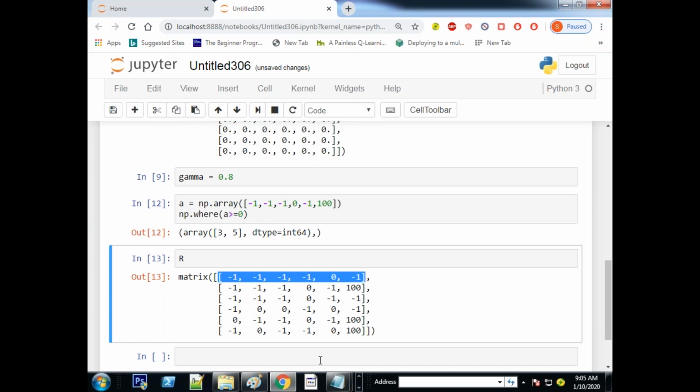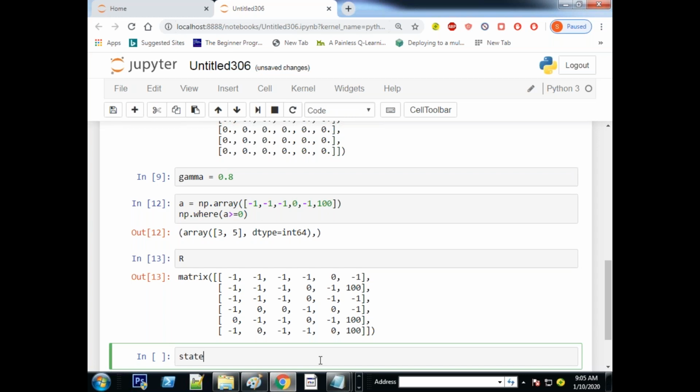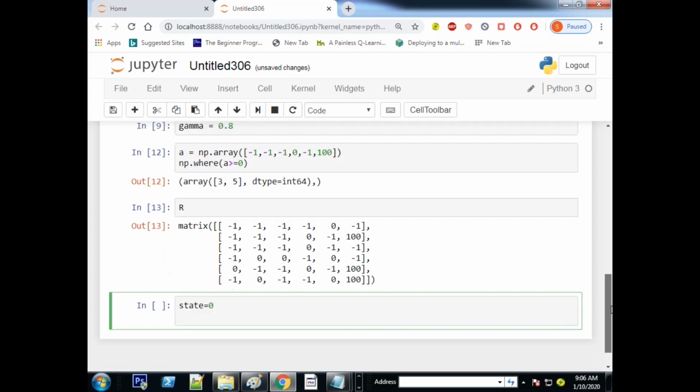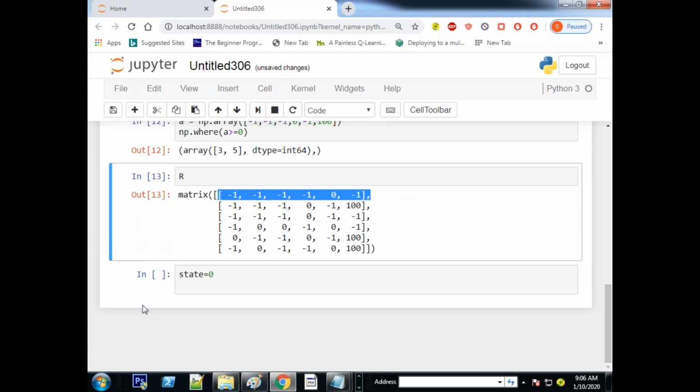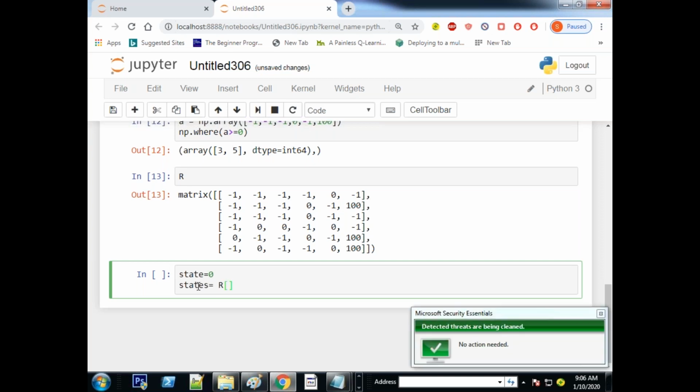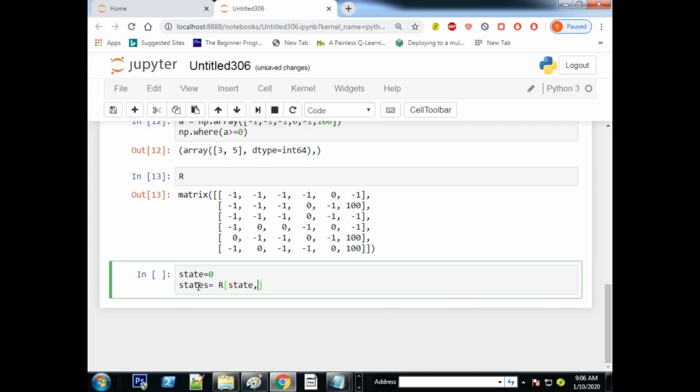So initially I am keeping the state value as 0. I want to take only that row. Let's say states equals R of state, which row you want.